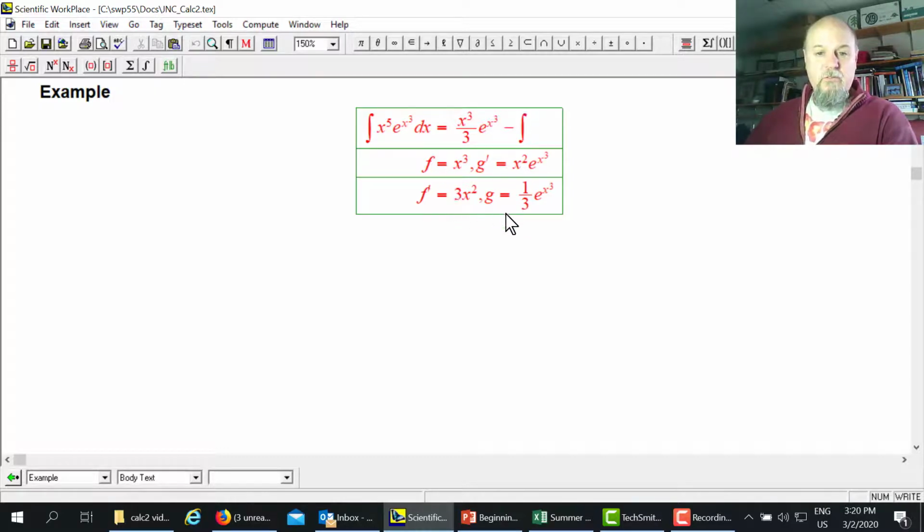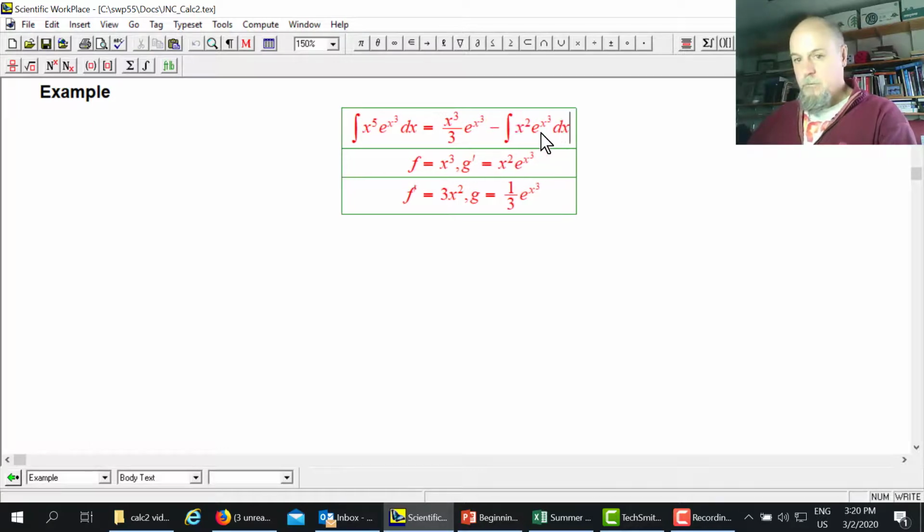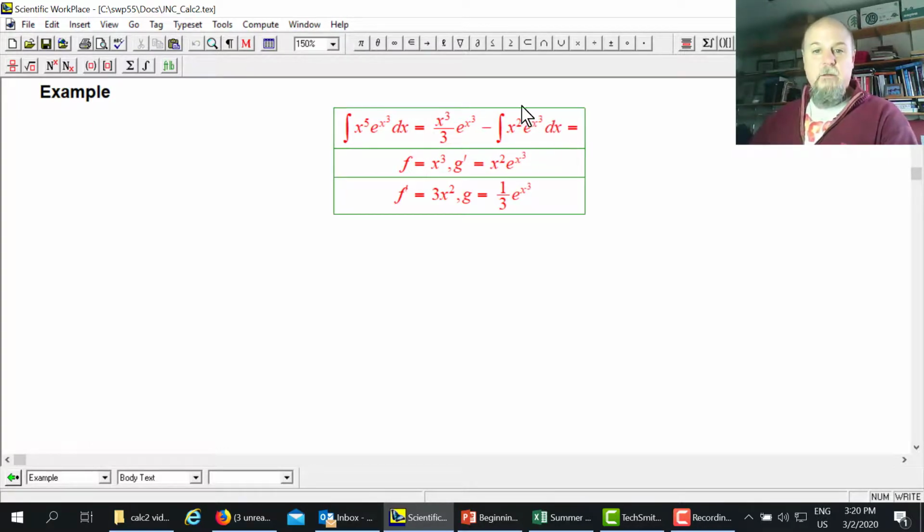So the 3x squared and the 1/3, this 3 and this 3 are going to cancel. So I'm just going to be integrating x squared times e to the x cubed. And this integral I can do. So let's clean this up.